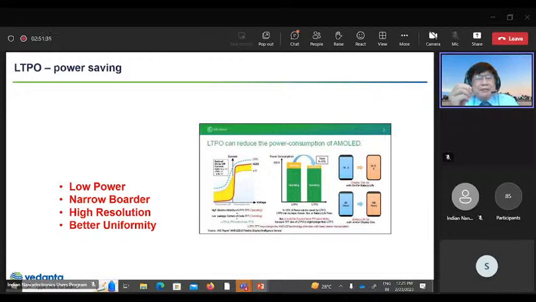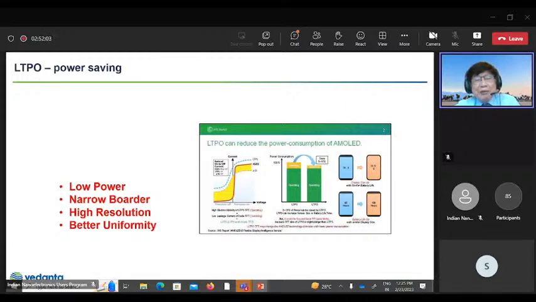Also, because the mobility is higher, we can use a smaller TFT size, leaving more space for the electrode instead of being occupied by the TFT, which means more light passes through and the light utilization rate is higher. We combine these two advantages and can save power.